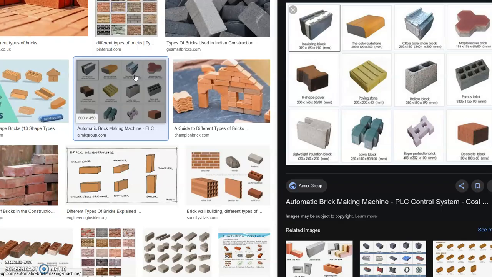These can be made with fly ash as an ingredient, or cementitious material as the major ingredient, right? So market forms are there, and for different purposes and quality required, different types of bricks are used.